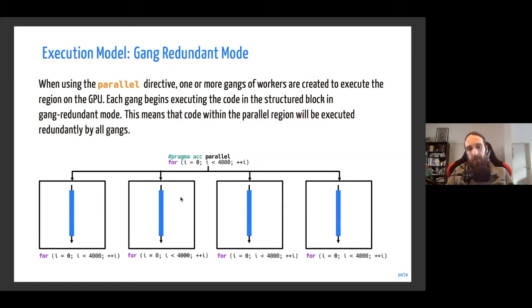You can see this as being target plus teams in OpenMP. Just using parallel, you do target plus teams. All the iterations of the loop will be done by each worker inside the gang, so it's executed redundantly so far.